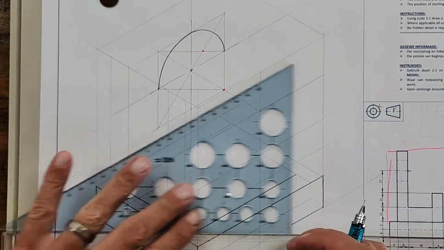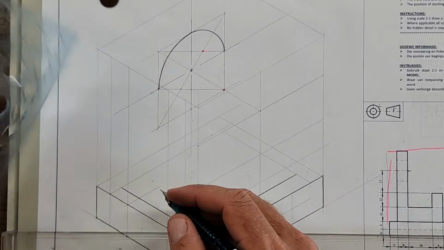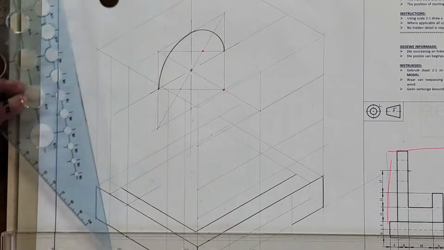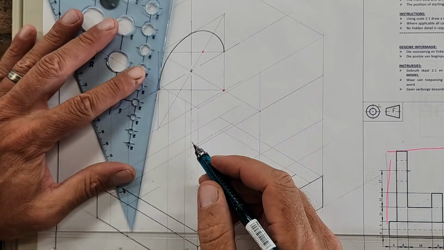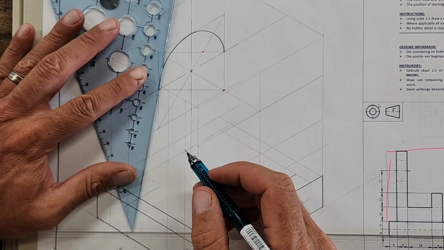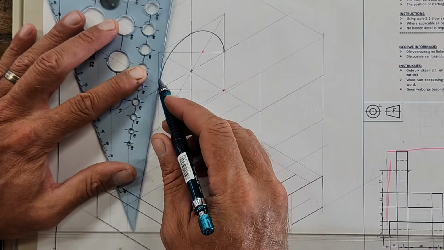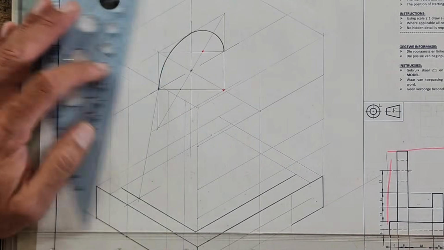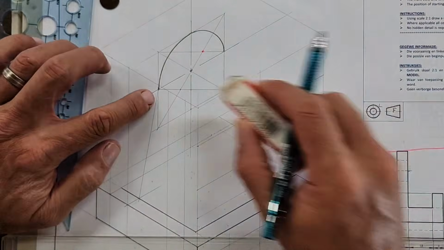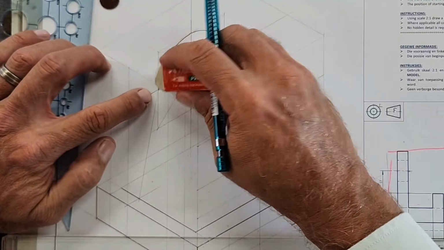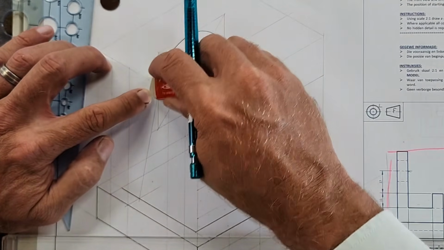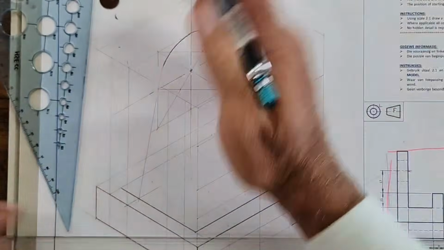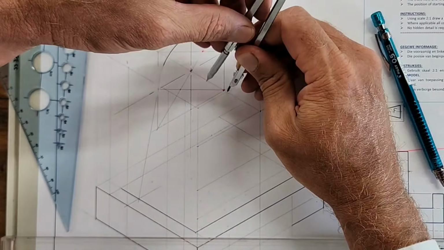Okay, so in construction, I go back here. That means this one probably is drawn a little bit too dark. That could have been a construction line. Let me just help you out here again.